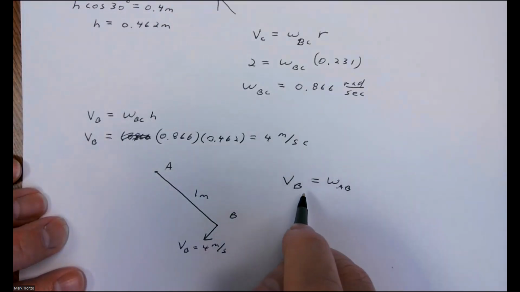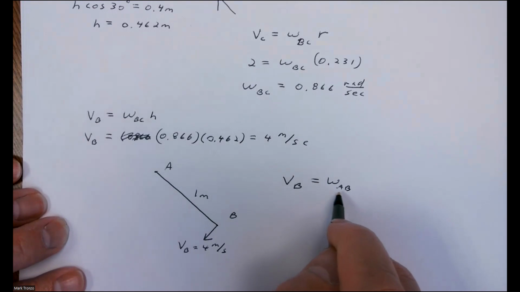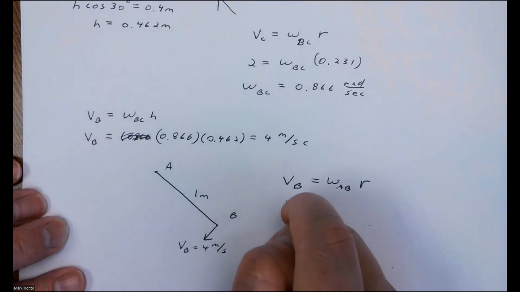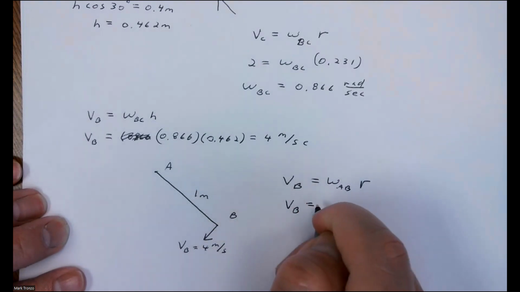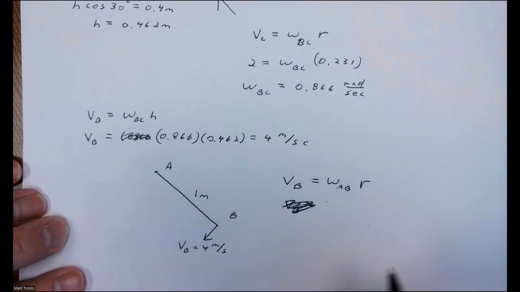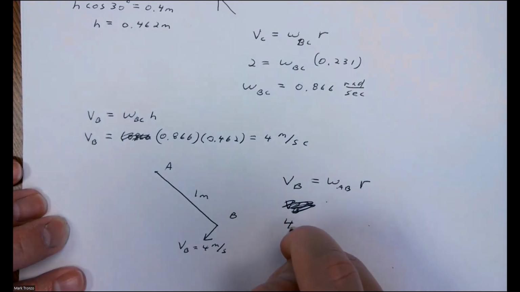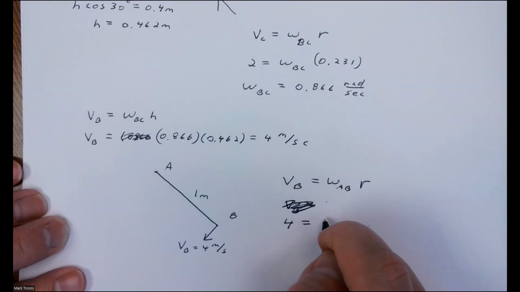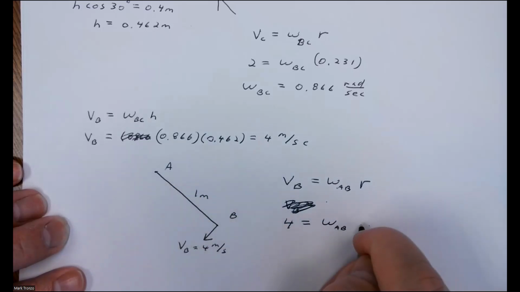So velocity of B is omega AB times R. We know velocity of B is 4, and omega AB we don't know, and we know this is 1 meter.